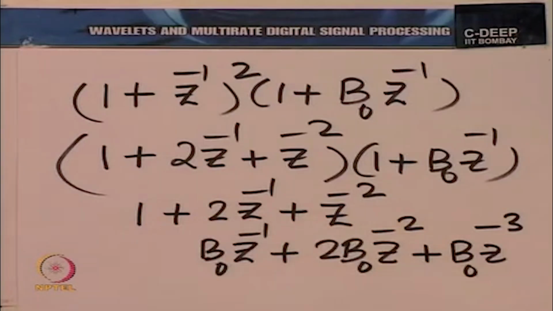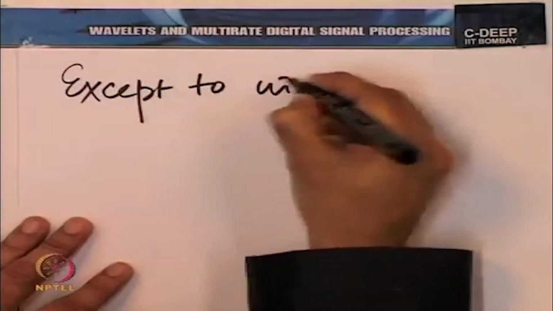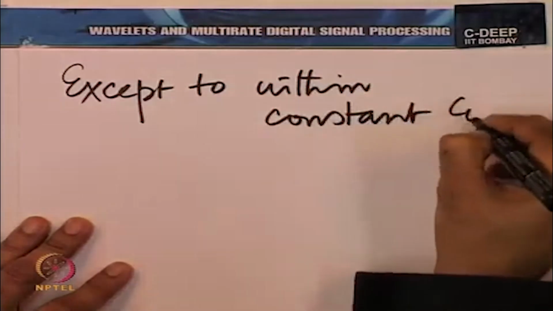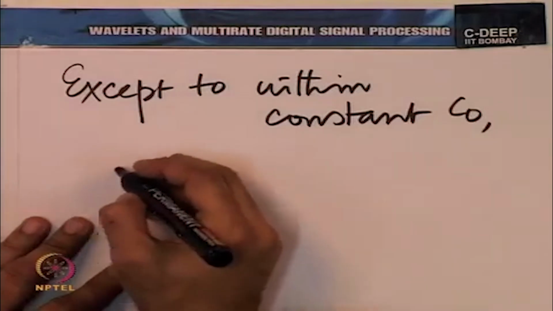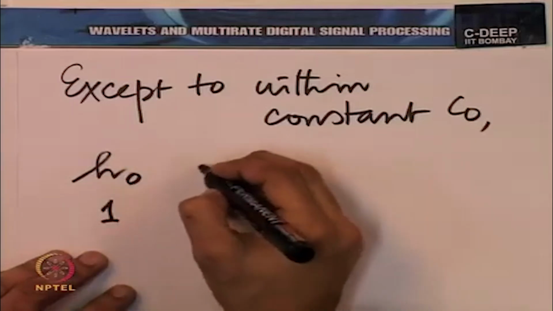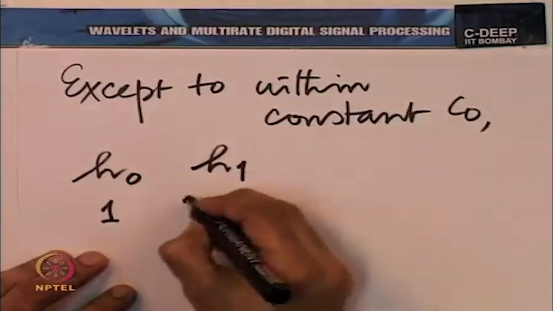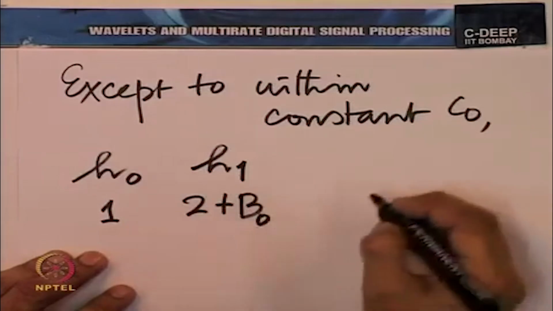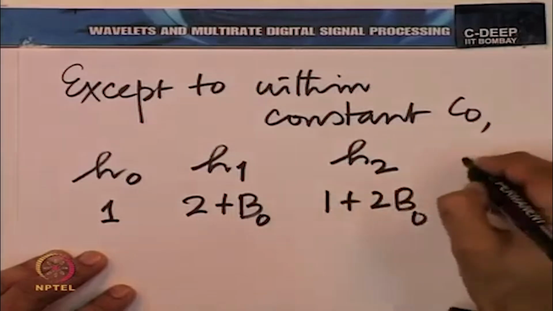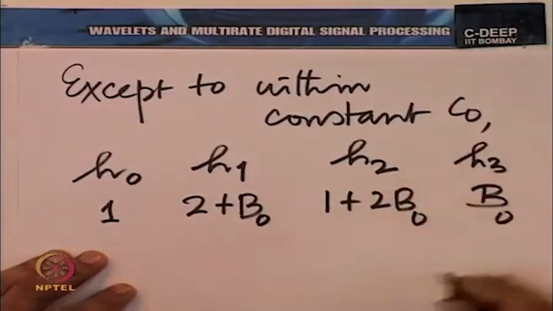So, we will aggregate terms together here, we will take the coefficients. Except for the constant, H 0 is essentially therefore 1, H 1 is of the form 2 plus B 0, H 2 is of the form 1 plus 2 B 0 and H 3 is of the form B 0.